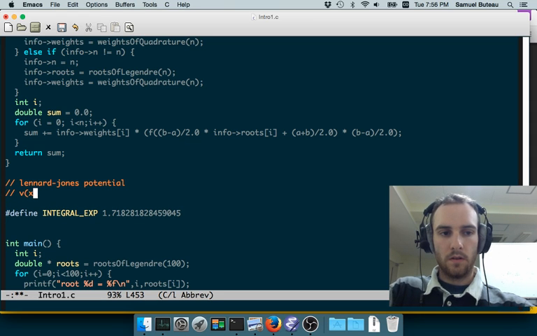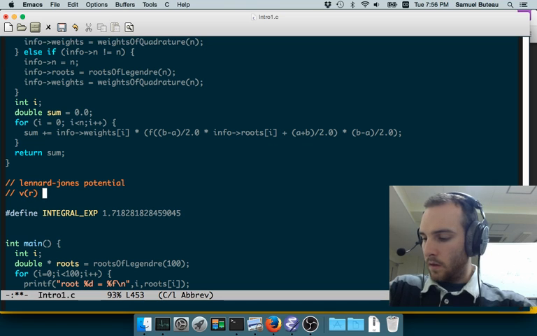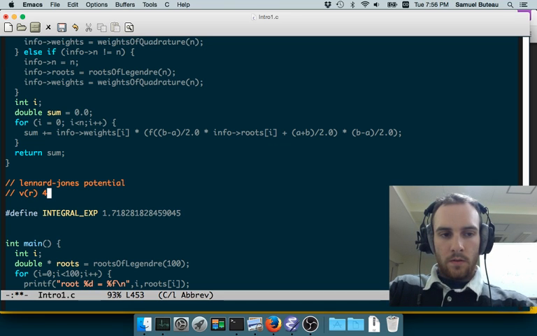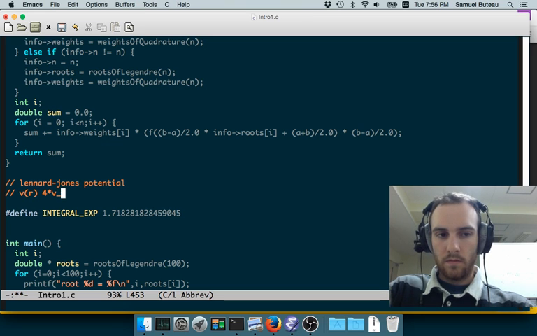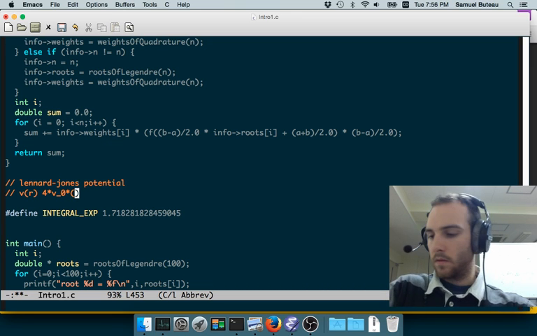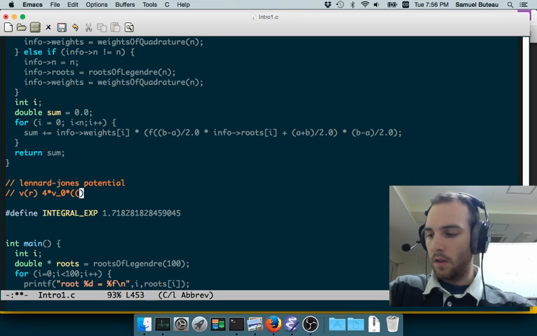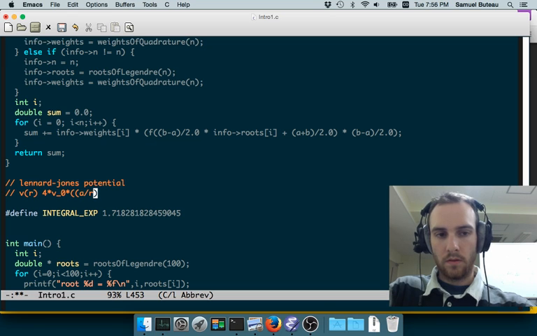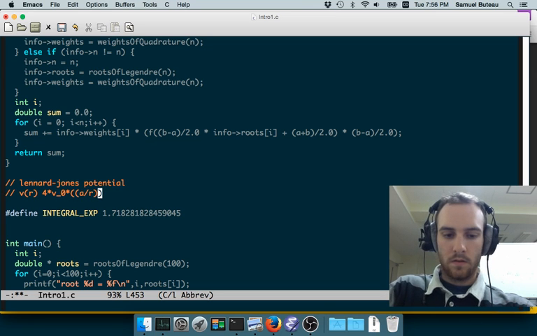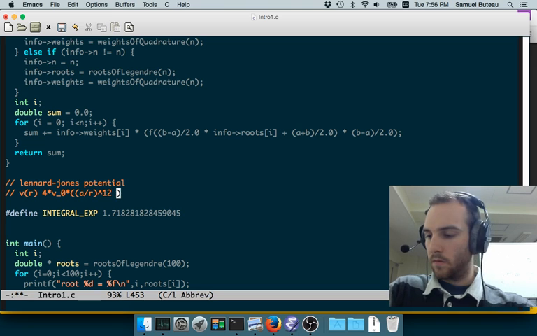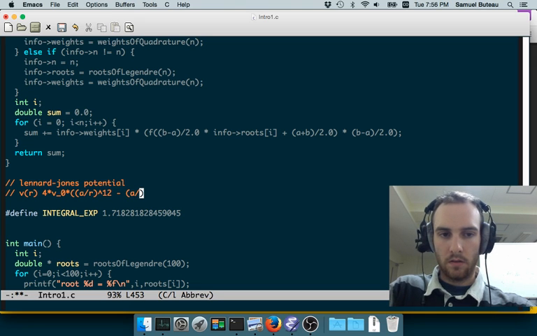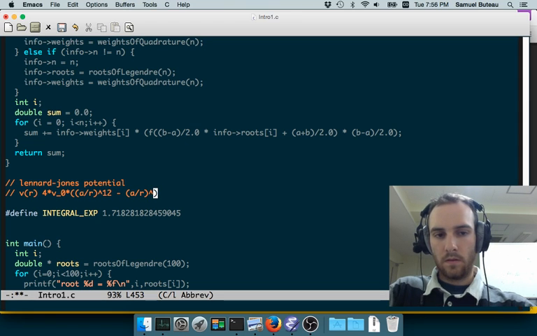It's V of R equals 4 times V0 times (A over R to the 12 minus A over R to the 6).